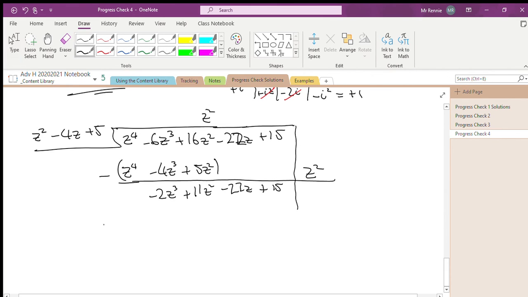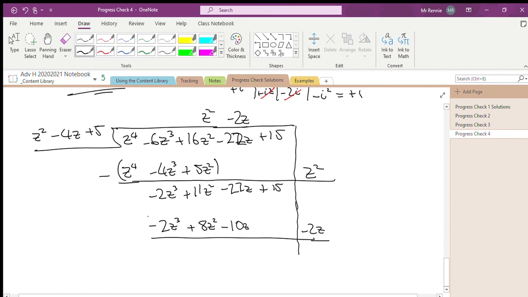So I'm going to multiply everything here by a z to get z cubed. I'm also going to times it by negative 2, so the negative 2z cubed cancels. So I'm going to times everything by negative 2z, that's going to give me negative 2z cubed plus 8z squared minus 10z.